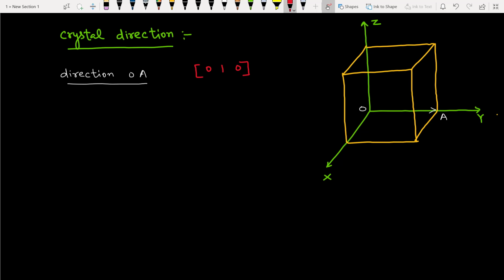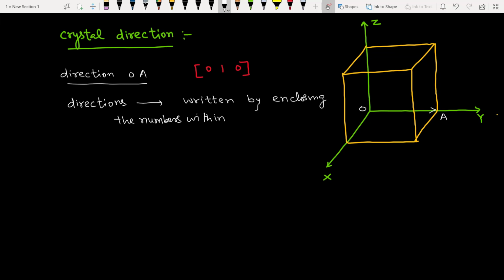And directions are always written within square brackets. Directions according to Miller are always written by enclosing the numbers within square brackets.